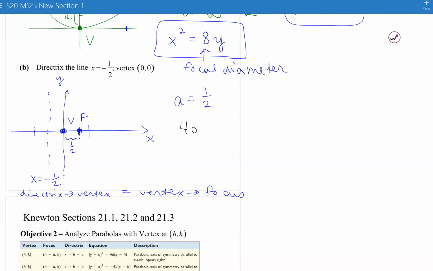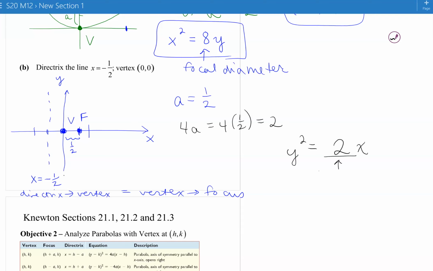So then 4a is going to be 2. This parabola is opening to the right. So rather than x squared equals something times y, it's going to be y squared equals something times x. And in this case, it's the 4a, so 2x.